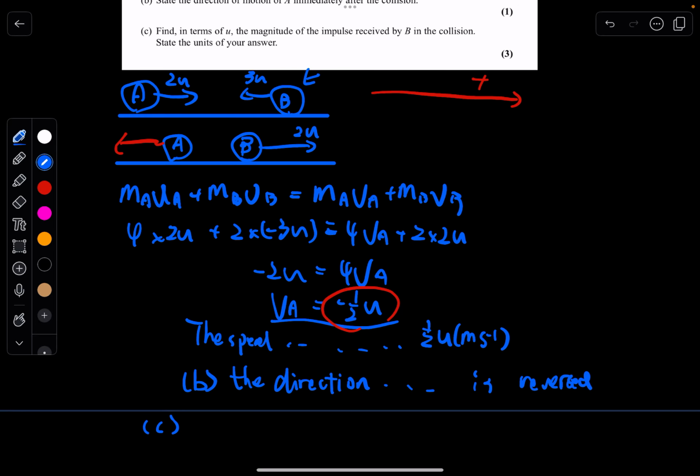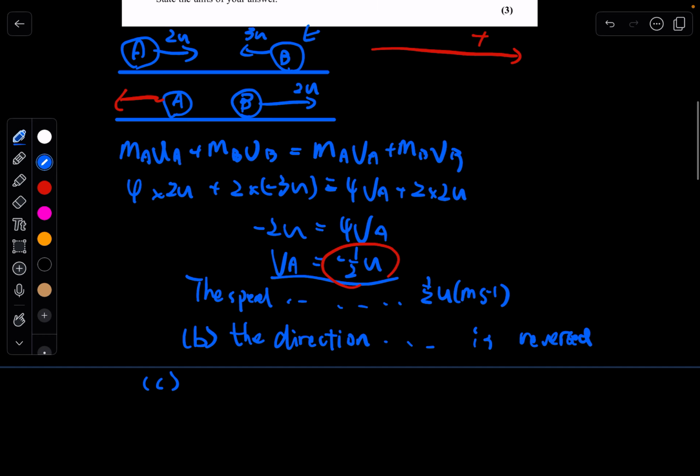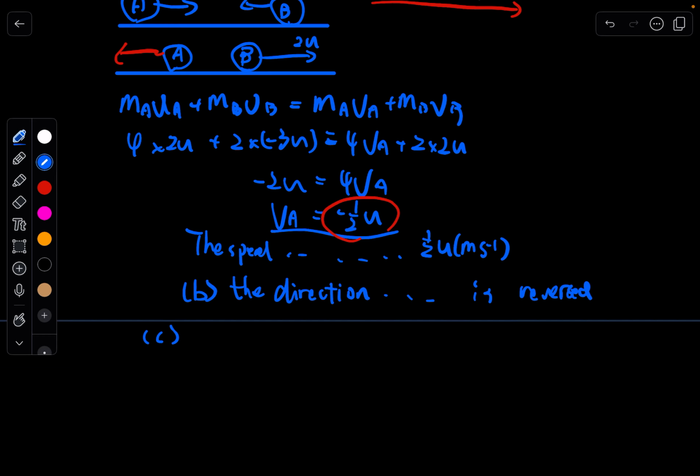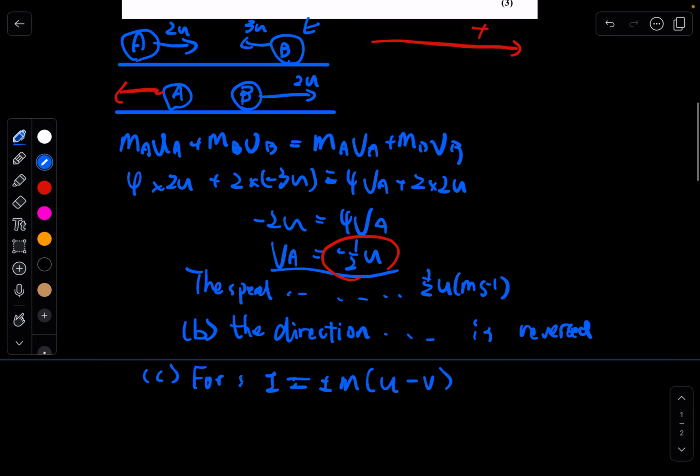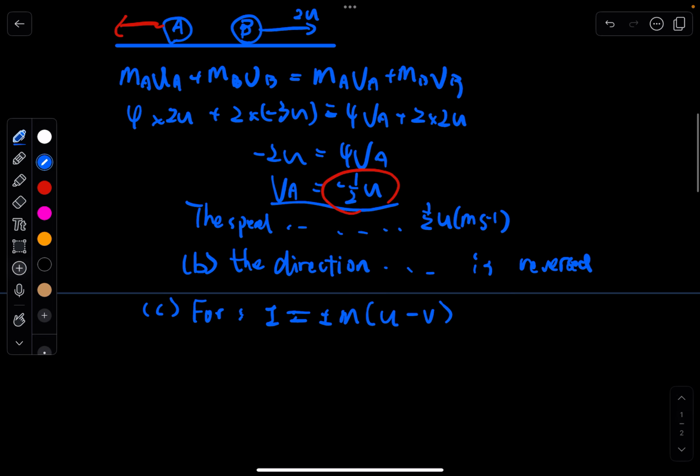Find, in terms of u, the magnitude of the impulse received by B in the collision. So for B, we have impulse equals the mass times v minus u.